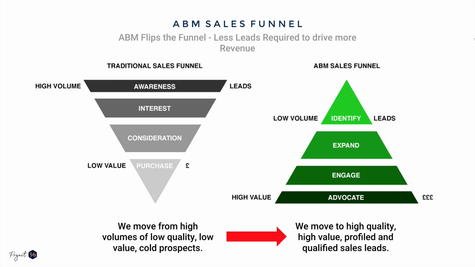With ABM, you're moving from high volumes of low quality, low value, fairly cold prospects into high quality, high value, profiled and qualified sales leads. And traditionally ABM works well where you've got a low volume of clients or opportunity, but a high value. So this would be where you've got a lot of human interaction, you've got a consultative sell, highly configurable, and we're talking into the thousands in average order value.